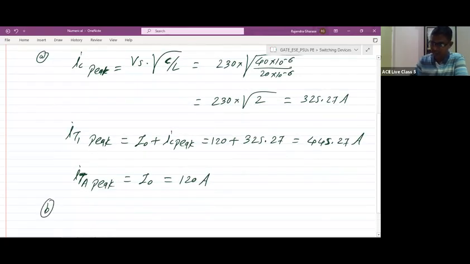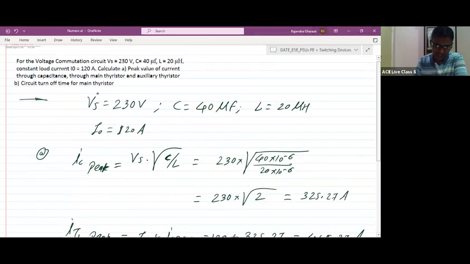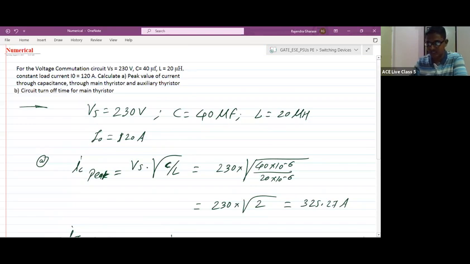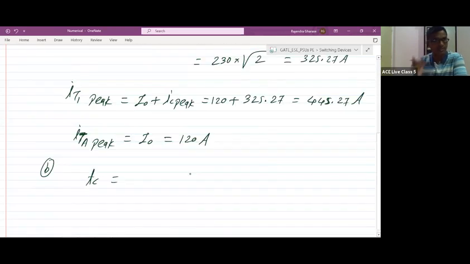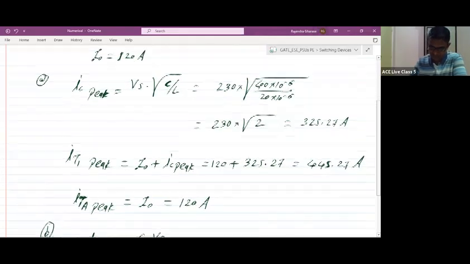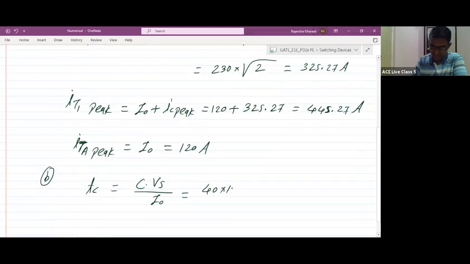Second bit, circuit turn off time for the main thyristor. So TC is equal to, I have written the expression, C into Vs divided by I0. C is 40 microfarad, so 40 into 10 to the power minus 6 into Vs 230 divided by I0 which is 120.